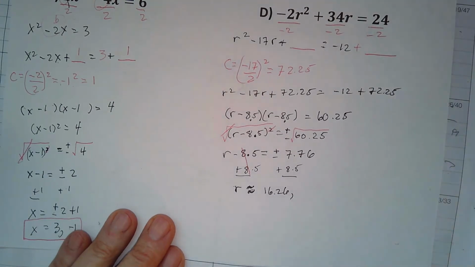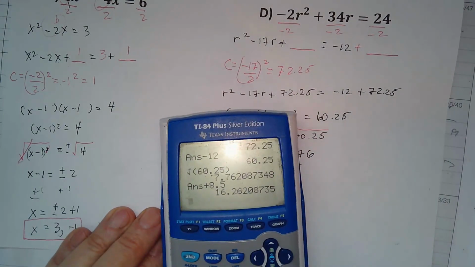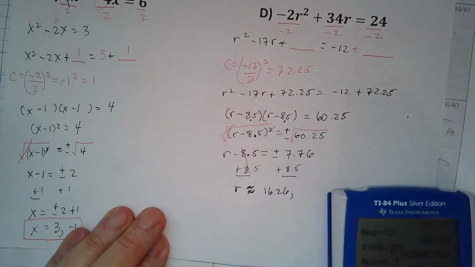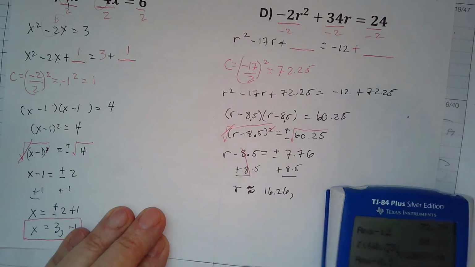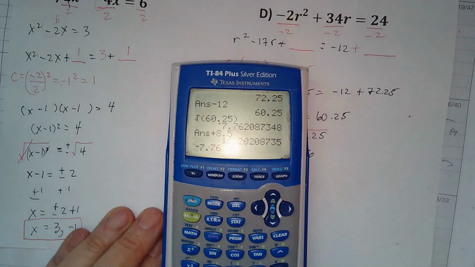And then the second one we have to subtract, so this would be negative 7.76, then plus 8.5.